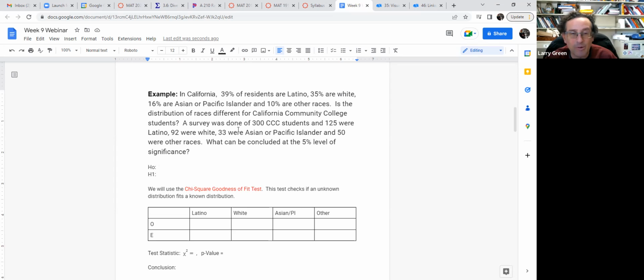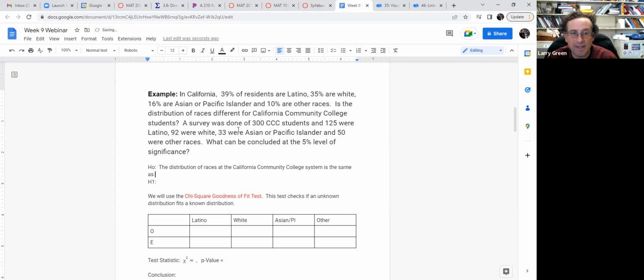But let me write it in formal words, and that is the distribution of races at the California community college system is the same as the distribution of races in California.